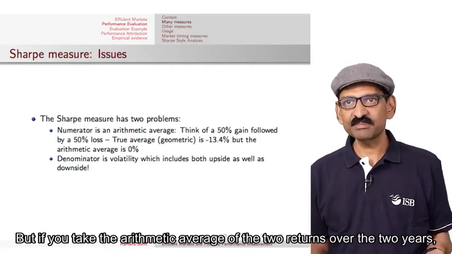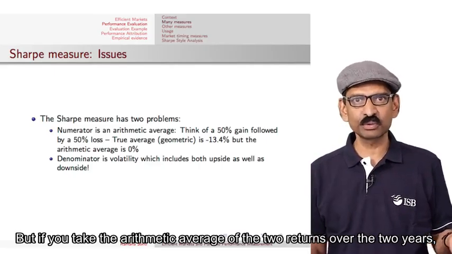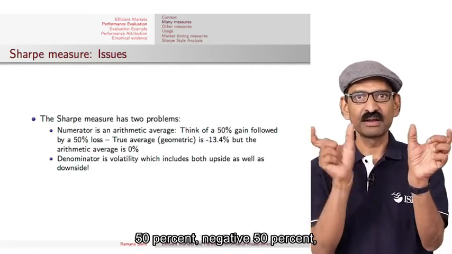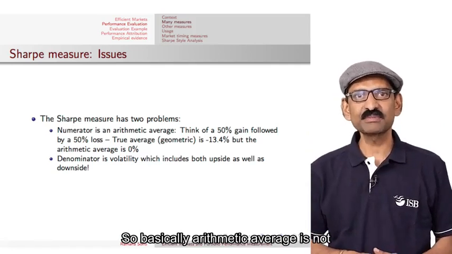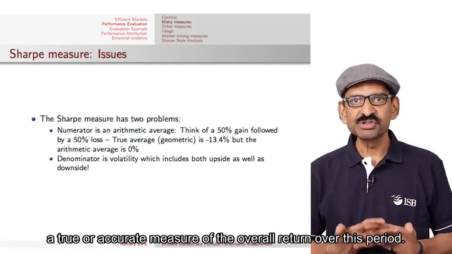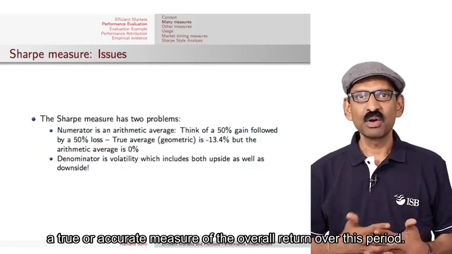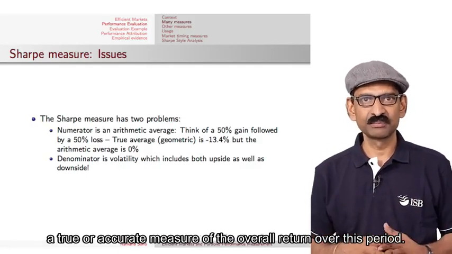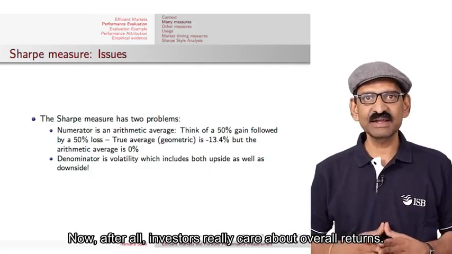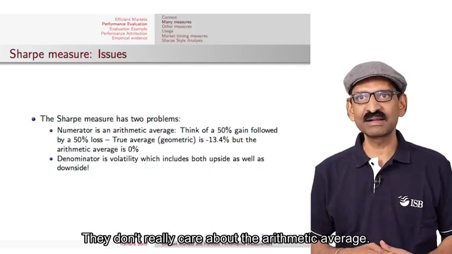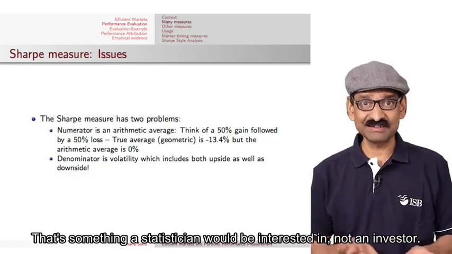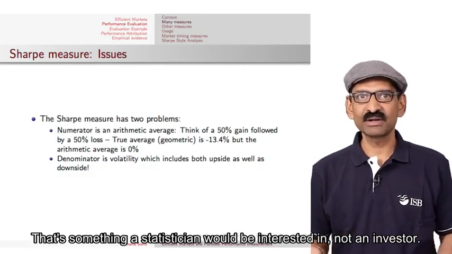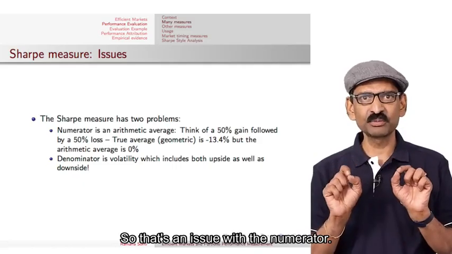But if you take the arithmetic average of the two returns over the 2 years, 50%, negative 50%, average the two, you get 0. So, basically arithmetic average is not a true or accurate measure of the overall return over this period. Now, after all, investors really care about overall returns, they don't really care about the arithmetic average, right? That's something a statistician would be interested in, not an investor. So, that's an issue with the numerator.